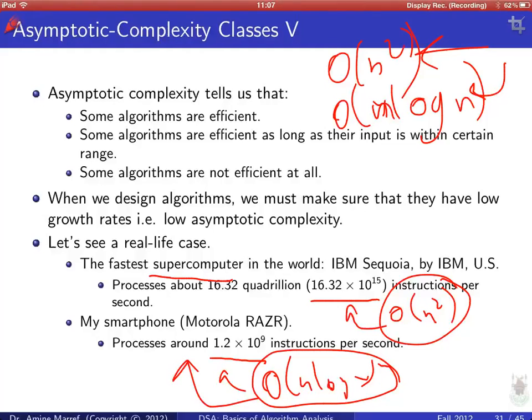Remember, if you look at the table, n squared and n log n are actually close to each other. We did not give an exponential algorithm to the supercomputer and a logarithmic algorithm to the smartphone. That would be unfair.